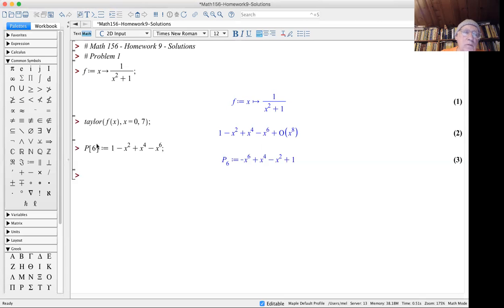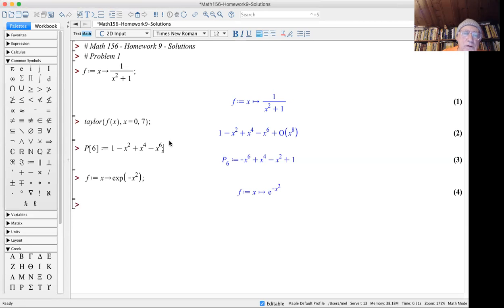The next problem was for the function, I'll call it f because that's what I did in the notes. x goes to exp of minus x squared.